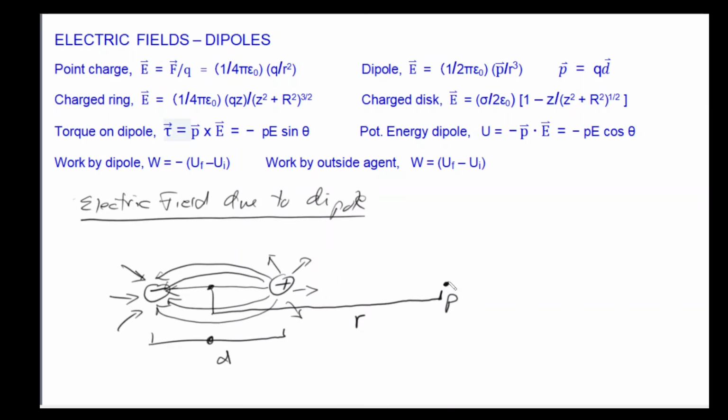Now, P is going to feel the electric field and the force from both charges. So we have the field from the positive charge, and we also have the electric field in the opposite direction. That's E from the negative charge.